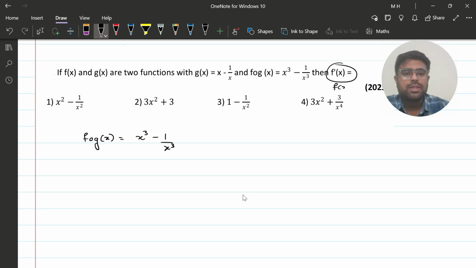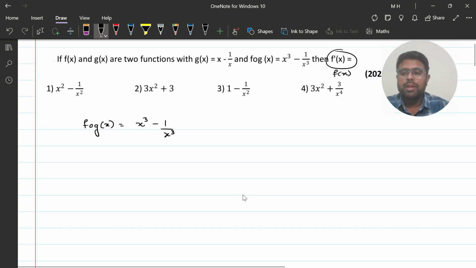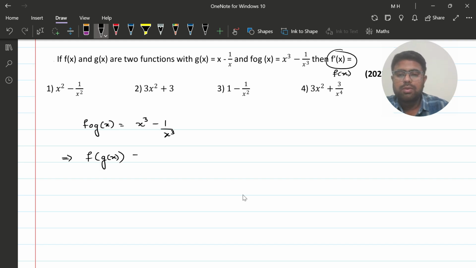To find f dash of x, first we need f of x. So we'll try to find out f of x using the given information, and then we will go for finding f dash of x. Now look, f of g of x is equal to x cube minus 1 by x cube, where g of x is x minus 1 by x.